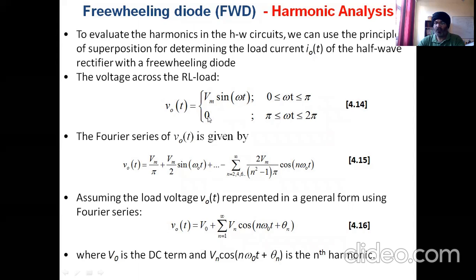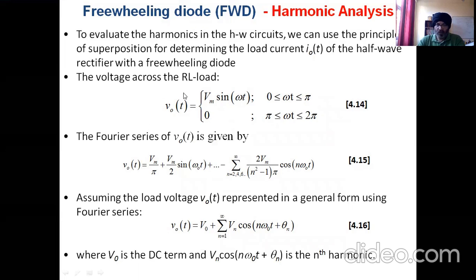From pi to 2 pi, we do not have any voltage at the output. If we have a thyristor, then the limits change from 0 to pi to alpha to pi. And from pi to 2 pi, the voltage at the output is 0 because due to the freewheeling diode, the supply is disconnected in the negative half cycle. So we do not get any voltage at the output.